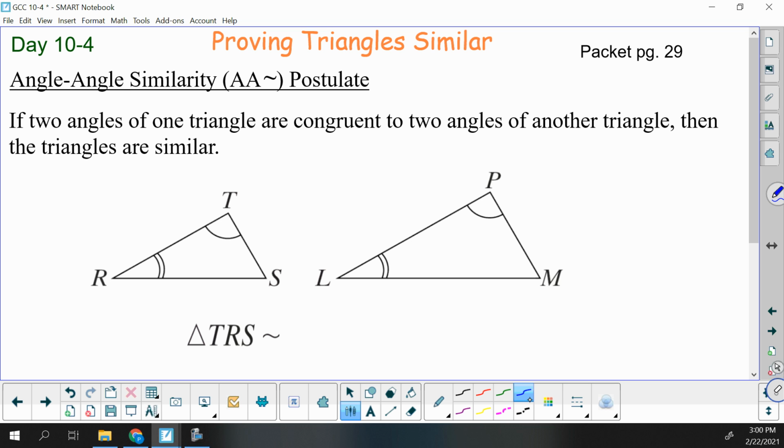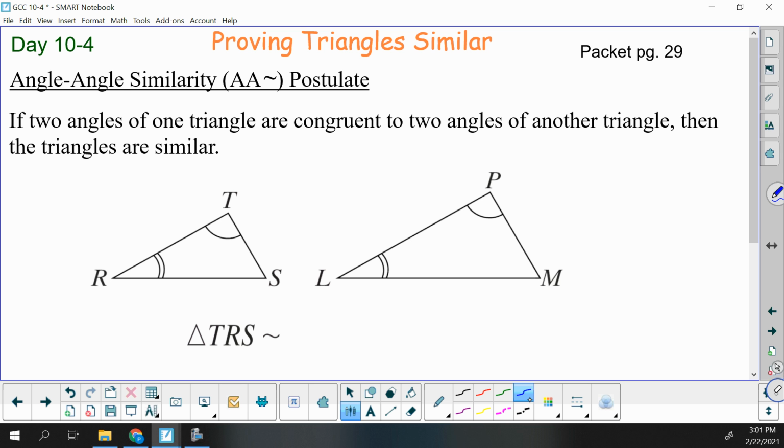So our first one is the angle-angle similarity postulate. If you have 2 angles that are congruent to 2 corresponding angles in the other triangle, then we know the triangles are similar. And the reason for that is we know similar figures in general should have all sets of angles congruent. Well, if 2 of your angles are the same in the triangle, then the third one must be.